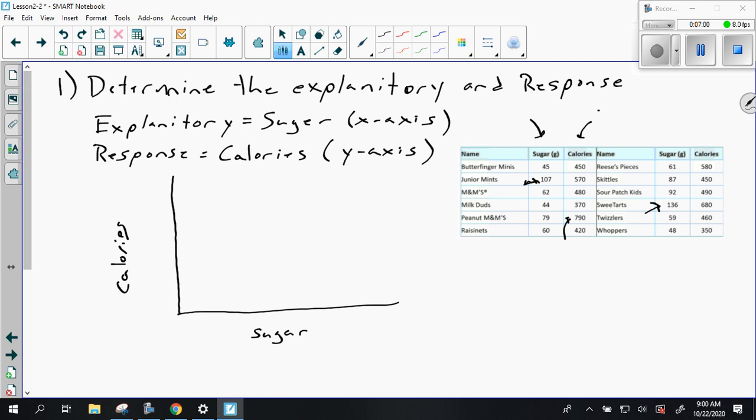I think what I'd like to do is use units of 10 on our x-axis. So that would be 10, 20, 30, 40, 50, 60, 70, 80, 90, 100, 110. We'll cover it, right? So if these are in units of 10, just go ahead and put those in.